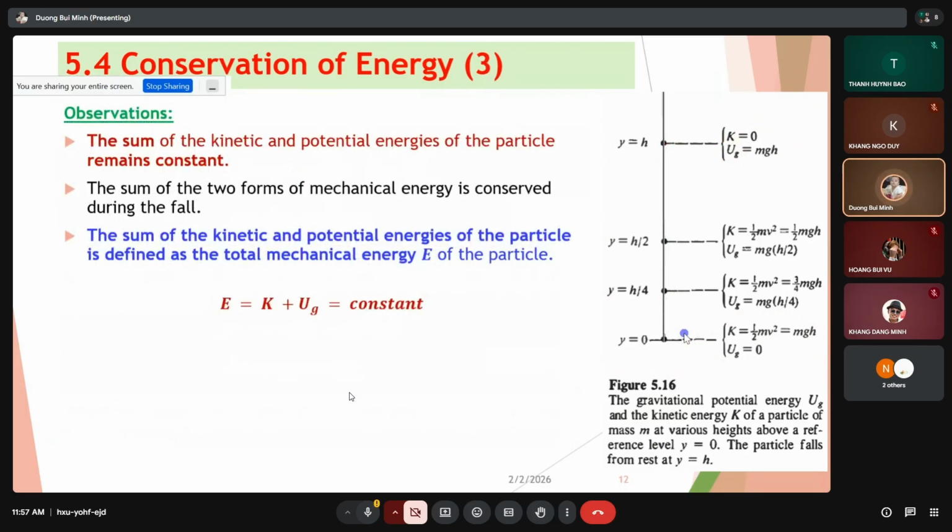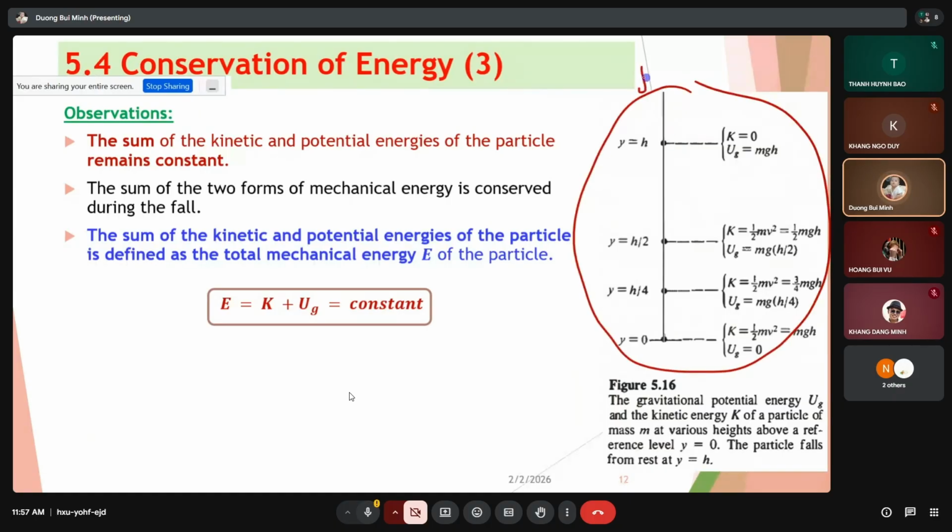Now we have the general formulas of energy conservation. To apply energy conservation, you need to determine the whole system. The whole system is very important. Why do we need a whole system?